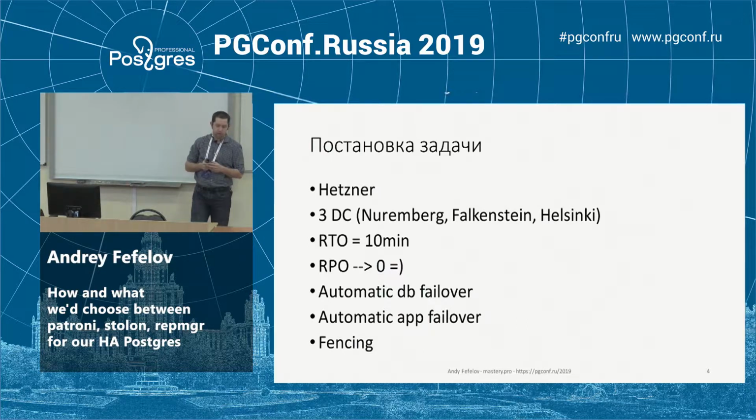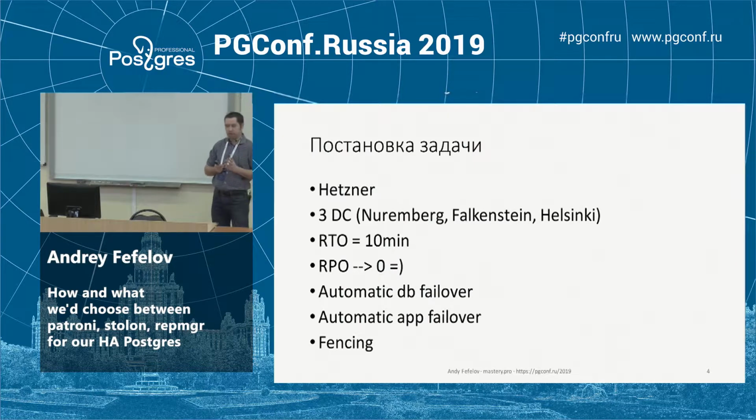We decided to locate the nodes in Falkenstein, in Nuremberg, and in Helsinki, Finland. In Helsinki, it provides us VLAN, and all your servers are in one or two domains and on a switch, located in one room, but with some delay in the network.